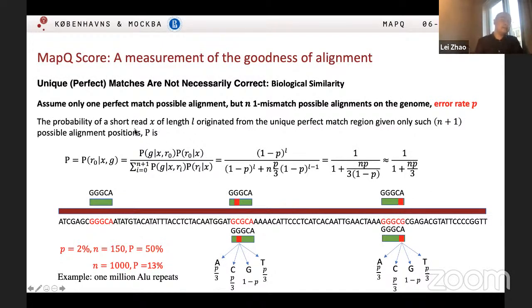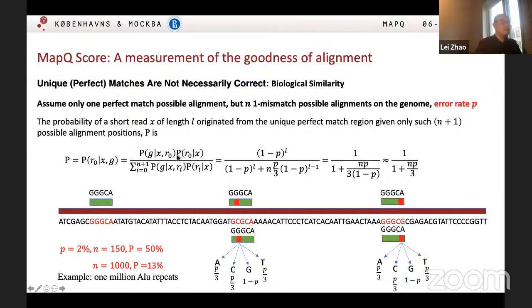This gives us the probability that it is from this region. P given X, R0 basically means a prior probability, and because we have n+1 positions, this value is 1 over n+1.